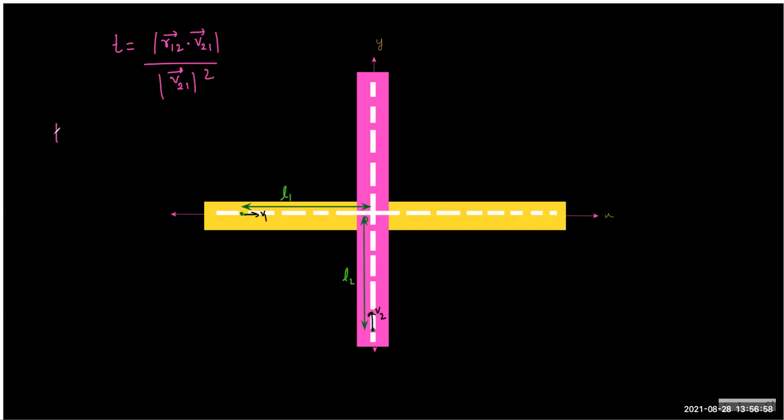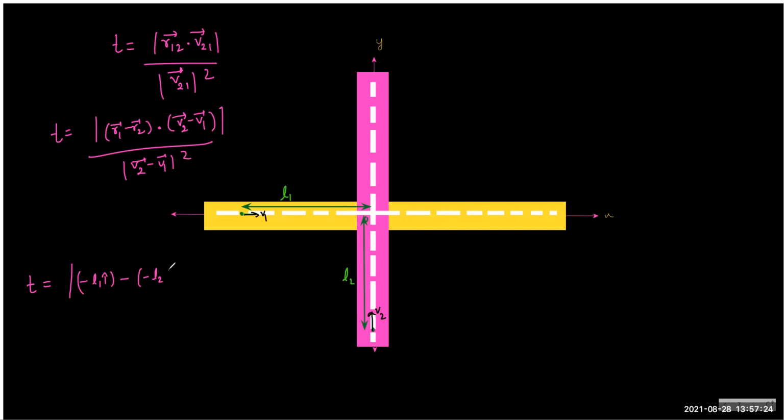It's easy to solve because R12 is what? R1 dot, what is V21? V2 minus V1. So you just need to substitute the values. What is R1? Minus L1 I cap. What is R2?